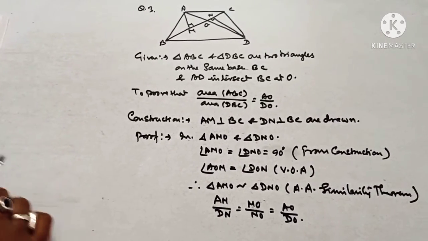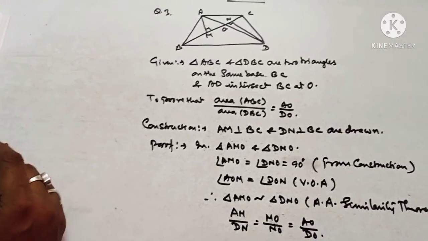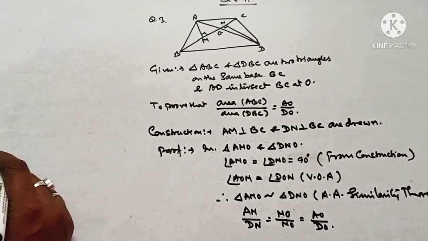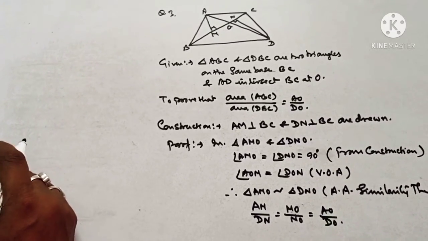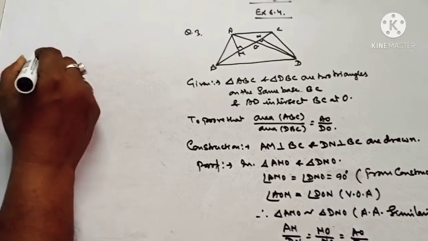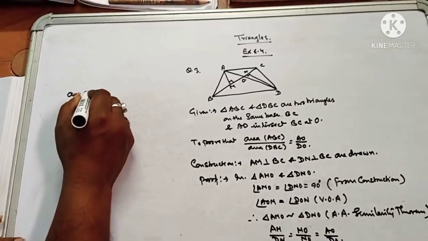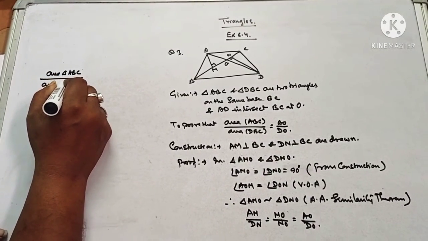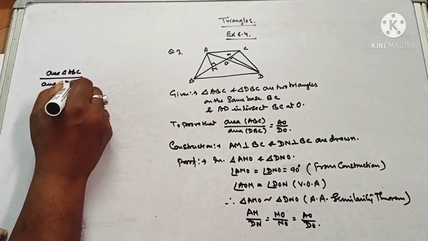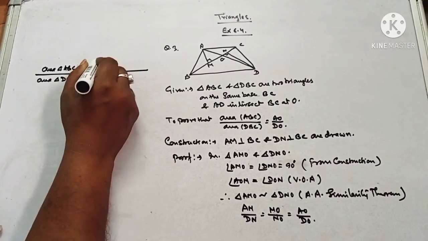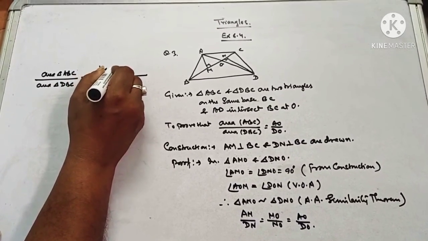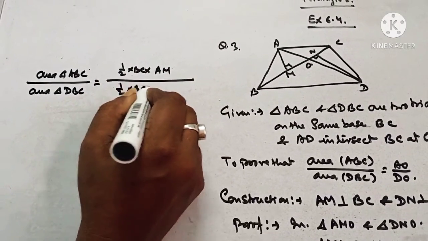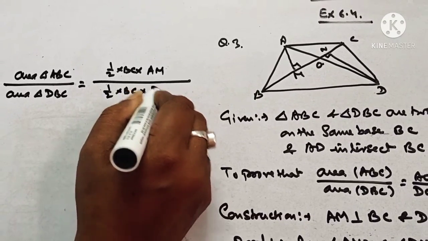Now again, here you see that area of triangle ABC by area of triangle DBC is half base BC into height AM over half base BC into height DN.